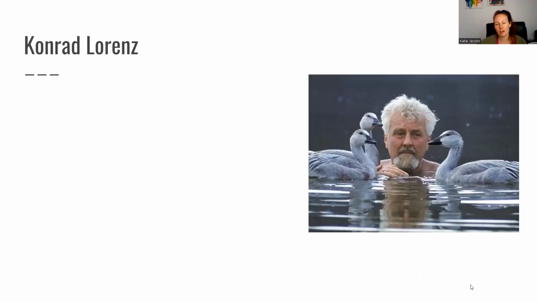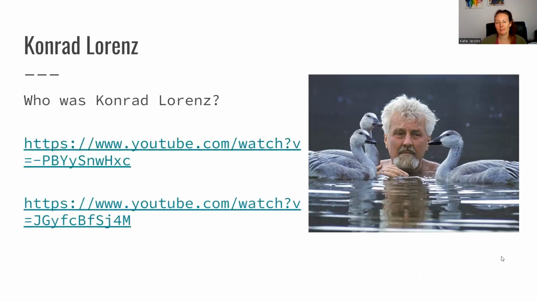And we also have Konrad Lorenz. I was really sad that our materials left him out quite a bit. He was the one who had baby goslings, and when the baby goslings hatched, they saw him, and he effectively became their mother.